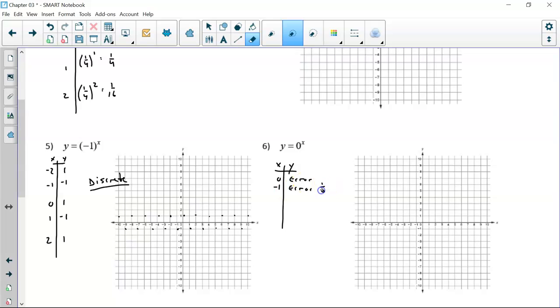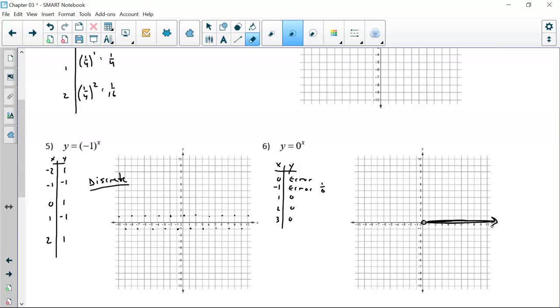It's 1 over 0, which would be undefined. So then when we get to 1, 0 to the first is 0. 2, it's 0. 3, it's 0. So what the graph would look like, there'd be an open dot at 0, and it's going to go like that. That's what the graph of y equals 0 to the x looks like.